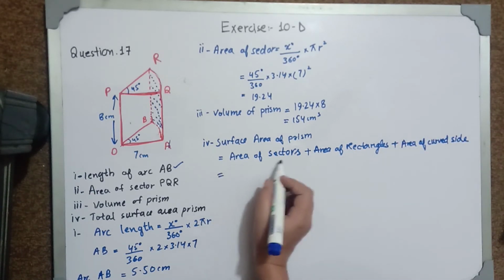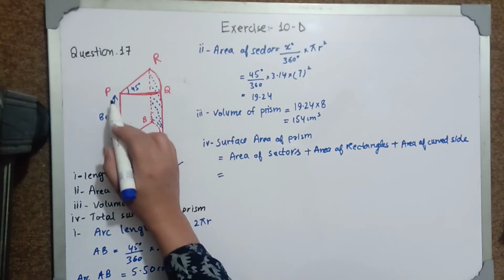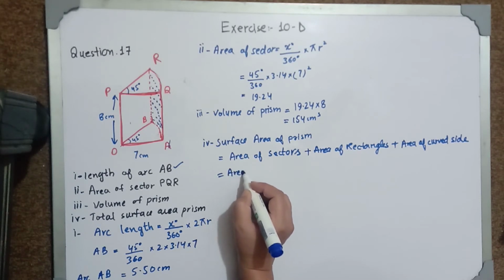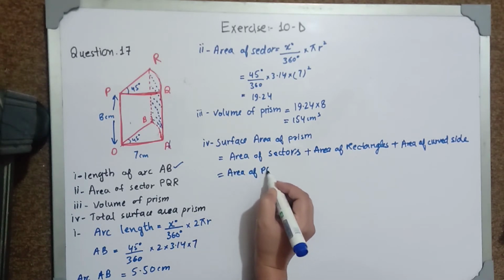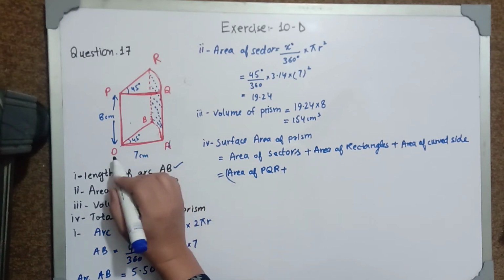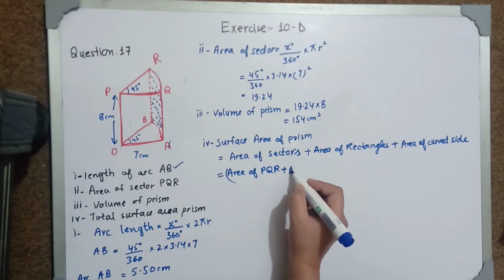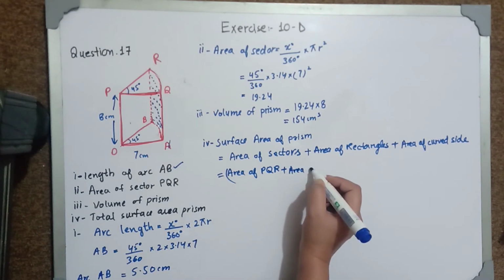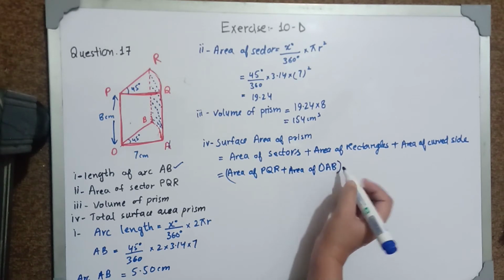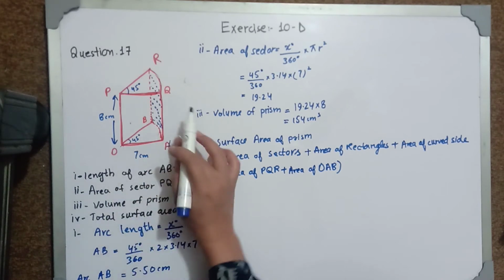Now we have two sectors. First, we are gonna mention those sectors. PQR, so I'll have the area of PQR plus area of OAB, this other sector, right?